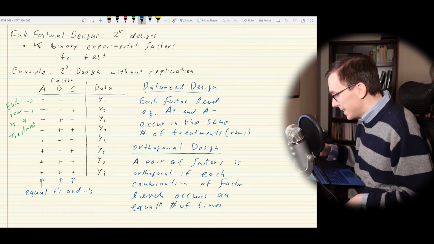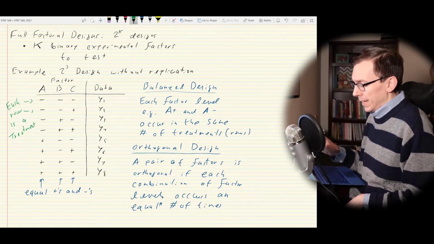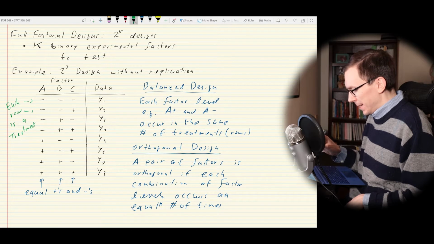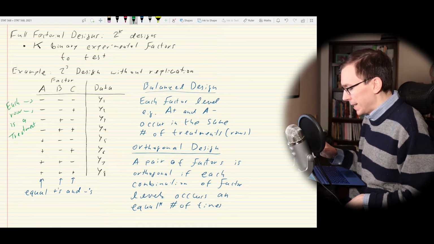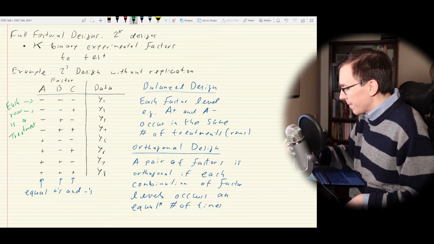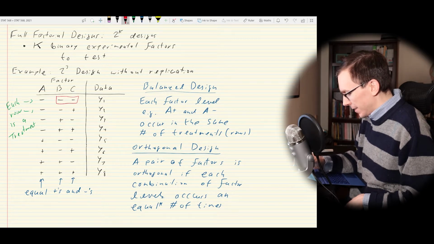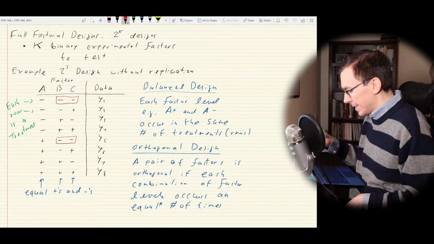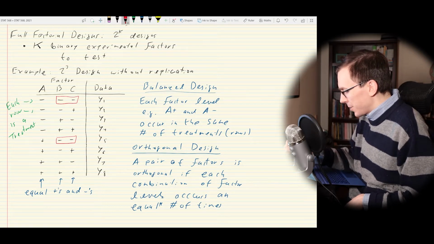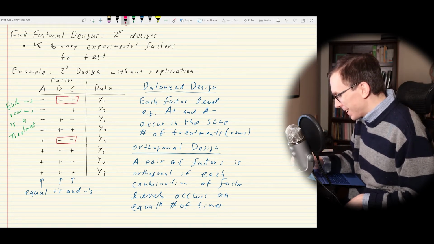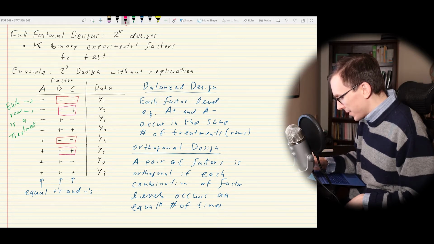So that's kind of like this idea of balanced, but now we're considering all the different combinations. So for example, if we were to look at B, let's switch the color and really mess this up, right? If we're looking at B and C, then we would say the combination of minus and minus occurs once, and it occurs twice down here. And similarly, if I can change this slightly to a slightly different red, the combination of minus and plus occurs once, and minus and plus occurs again.